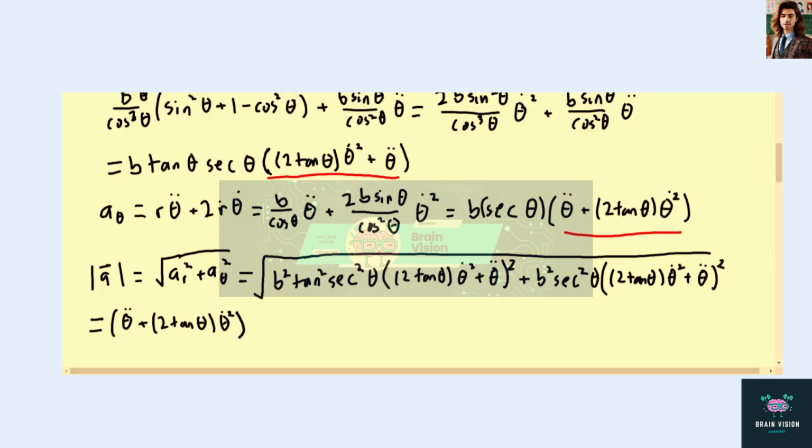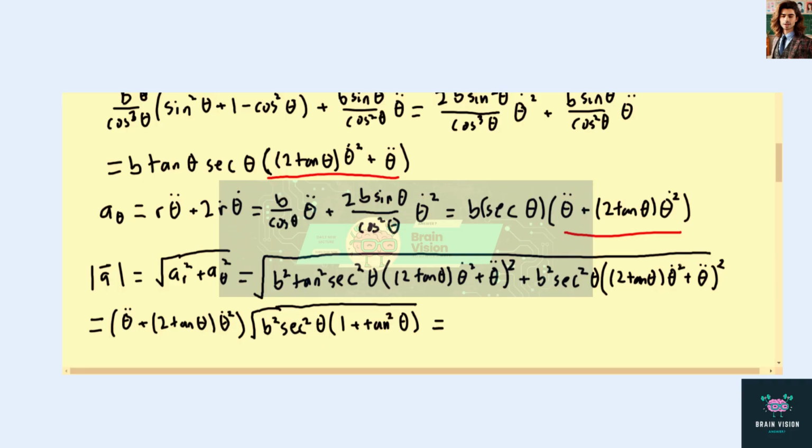And inside our square root, we're left with a b squared secant squared theta, and we have a 1 plus tangent squared theta, and so we'll use 1 last trig identity again, so that 1 plus tangent squared is secant squared.